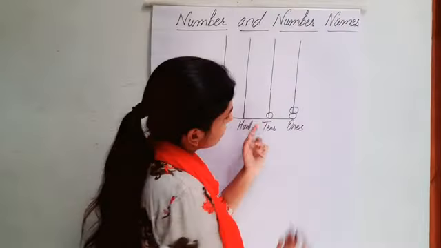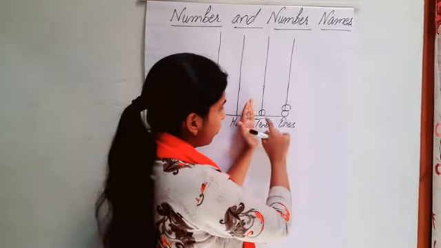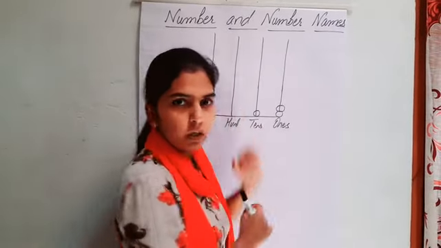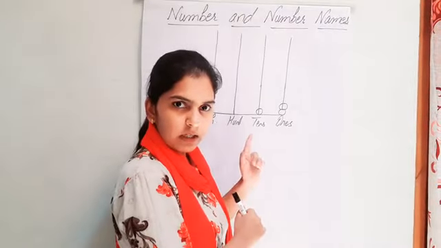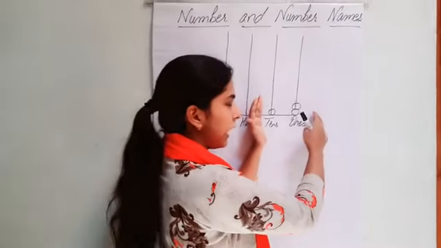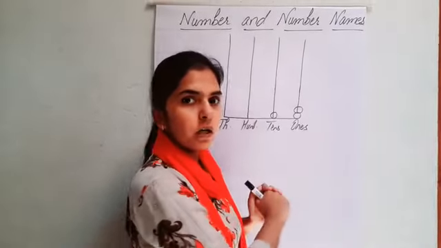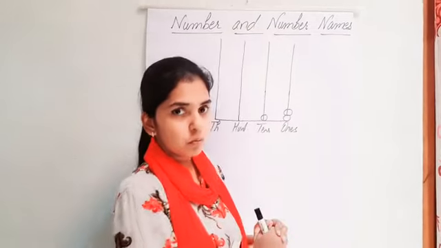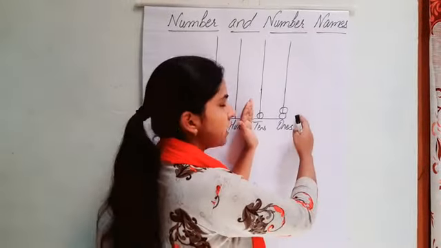So this number will be 1 ten and 2 ones. We will read it like 10 and 2 becomes 12. So this number is 12.